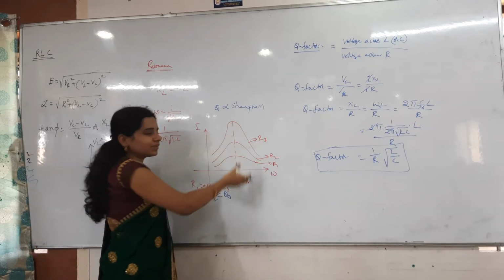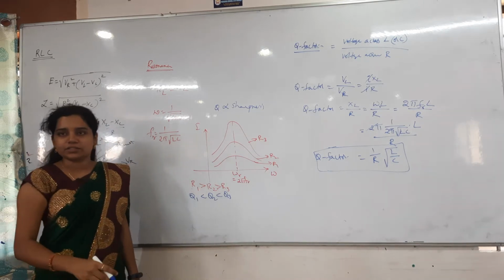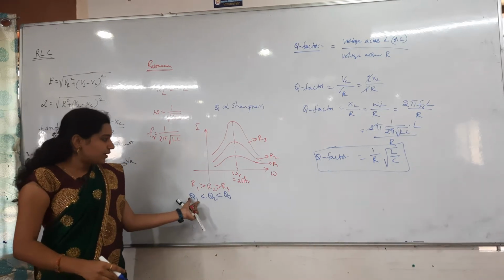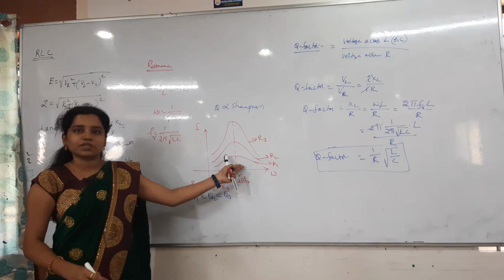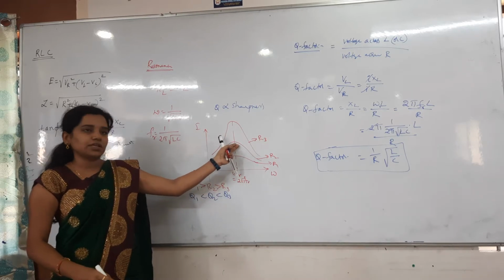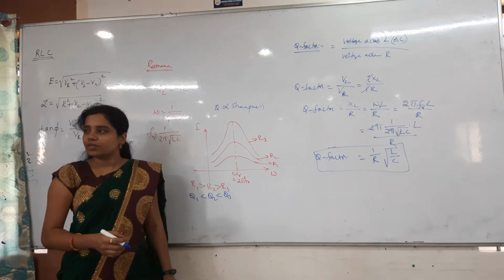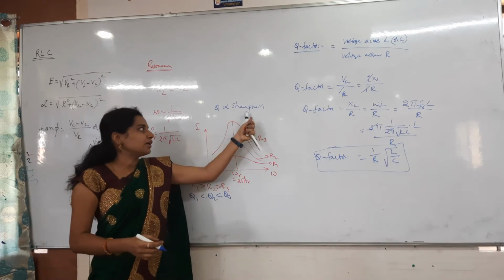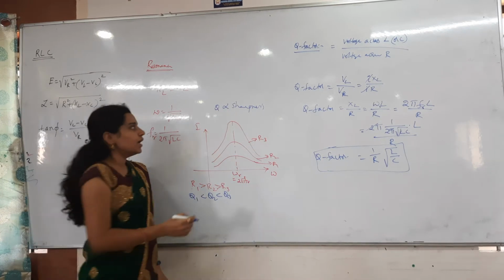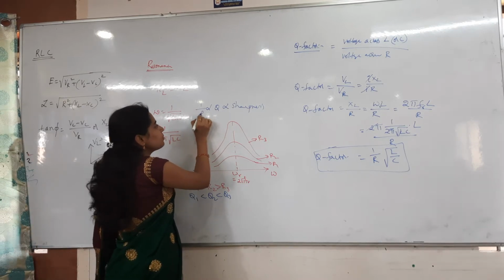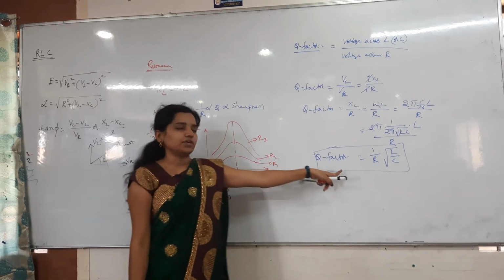By seeing it itself we can say this, there is no need to calculate so much. Q1 is obviously less sharp, the second is a little more sharp, and the third is still more sharp. So the sharpness of the curve is directly proportional to Q, and Q is inversely proportional to R. That is what we got from here.